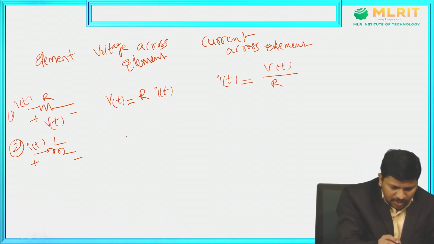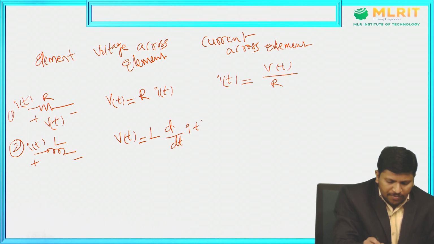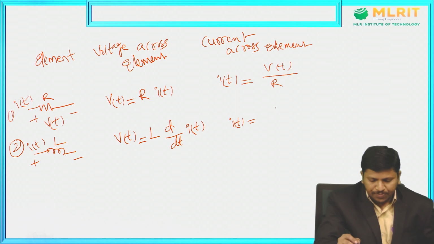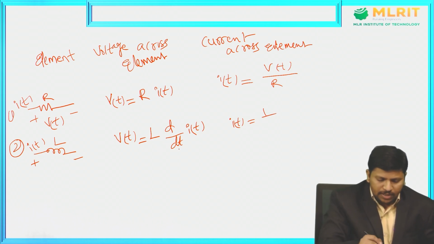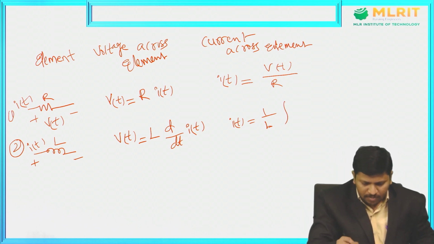The voltage across the inductor is V of t equals L into d by dt of I of t, and the current through the inductor is I of t equals 1 by L into the integral of V of t dt.